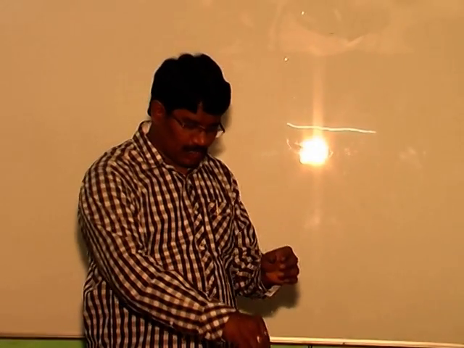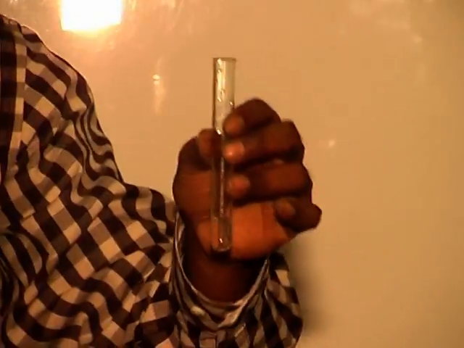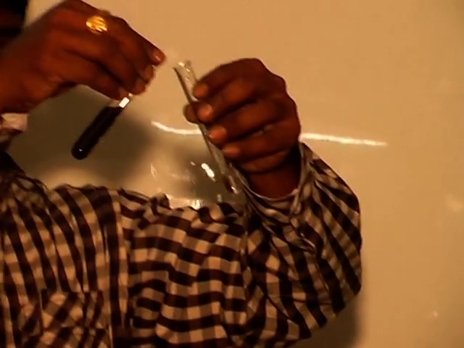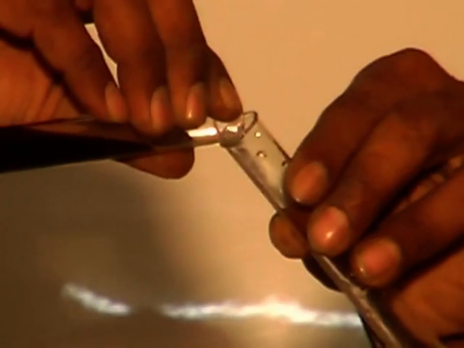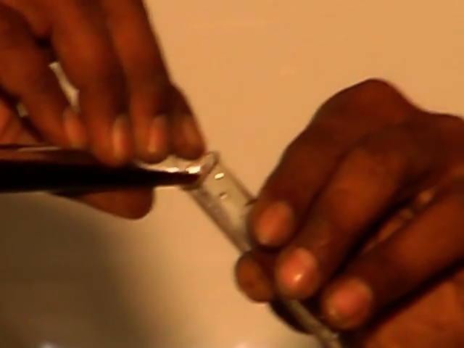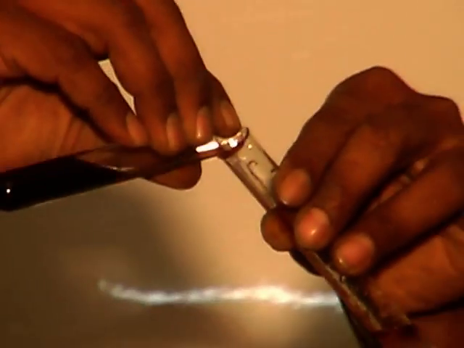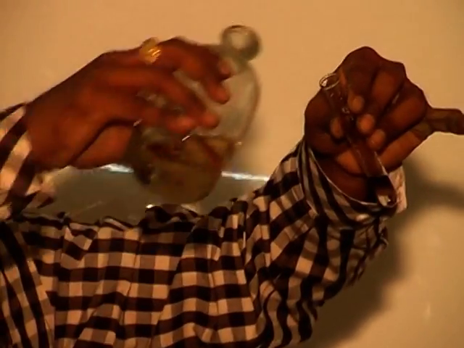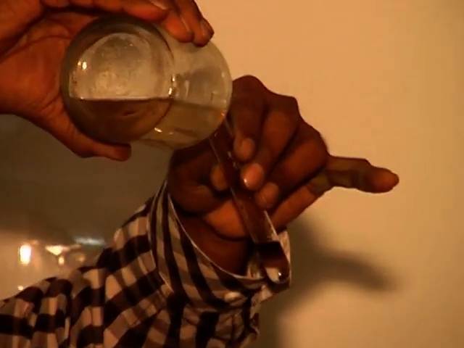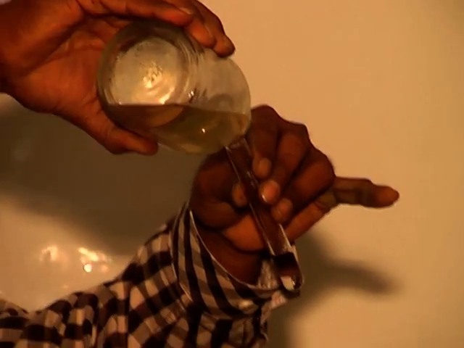In the case of Molisch test, I am taking the salt solution, that is the carbohydrate salt solution, and to this I am adding alpha naphthol. This is alpha naphthol. After adding alpha naphthol, I am adding concentrated sulfuric acid along the inner walls of the test tube.